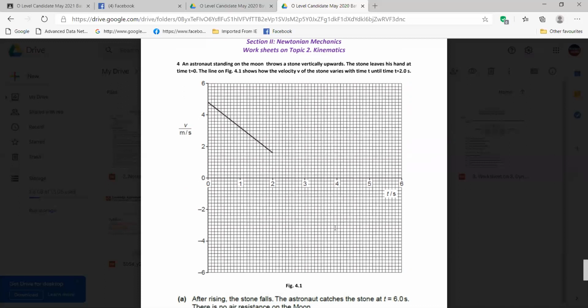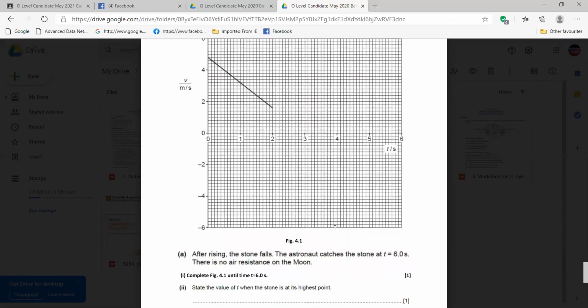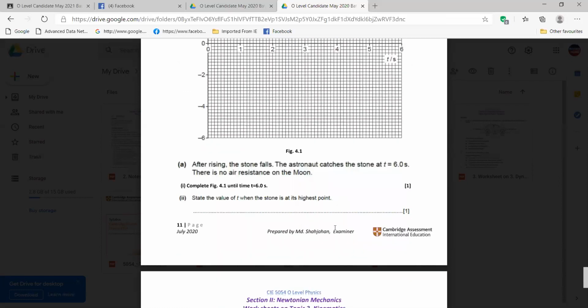If it were a speed-time graph, then you could take that. It is a velocity-time graph, so the sign will be opposite. Okay. It will be on the other side of the graph.